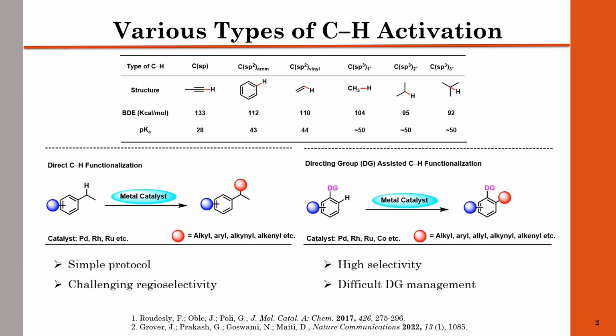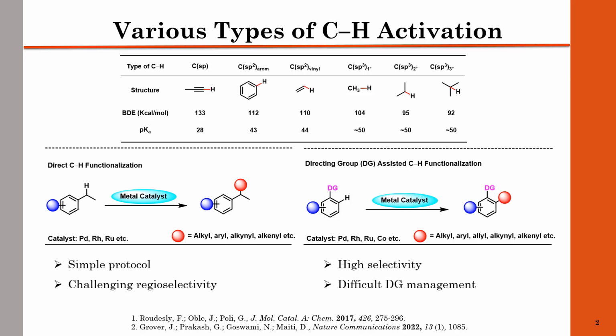When we talk about direct CH functionalization, we are considering electronic and steric effects. As an example, you can see this benzylic CH bond is very easy to access compared to other aromatic CH bonds. This is a very simple strategy, but controlling regioselectivity is very difficult.